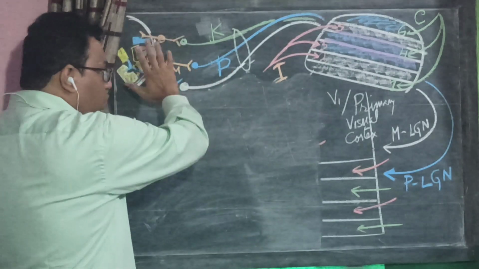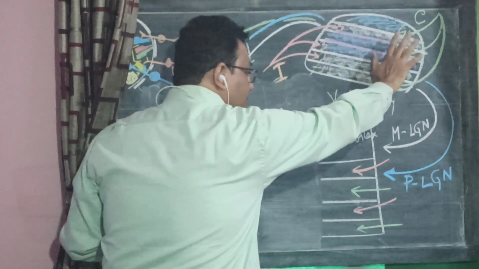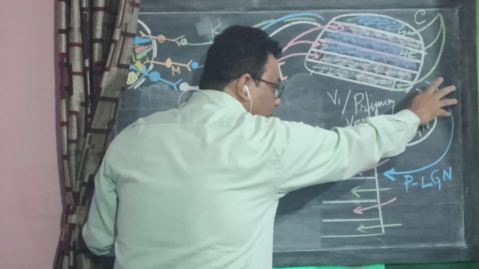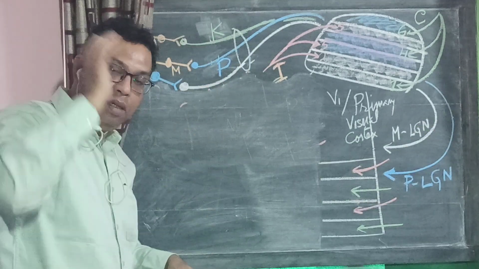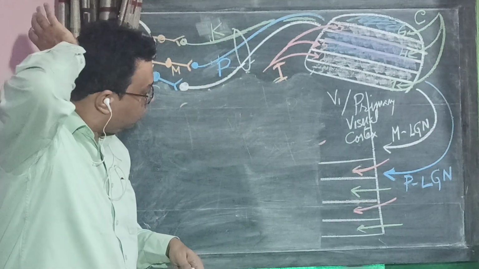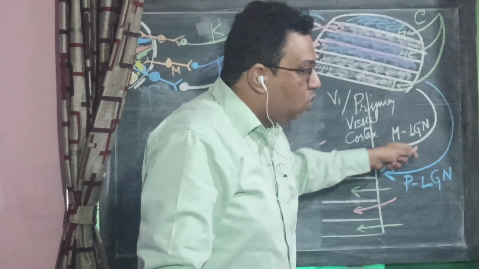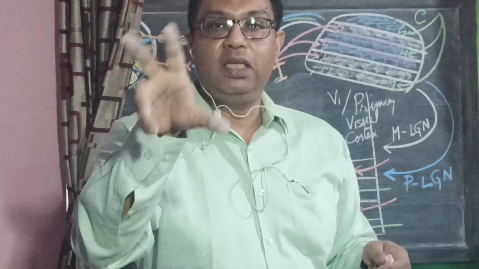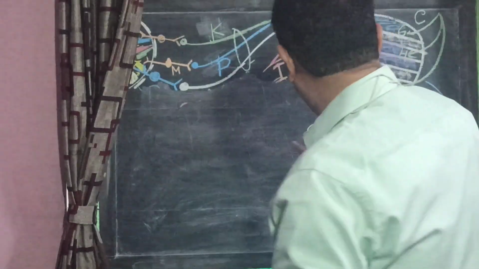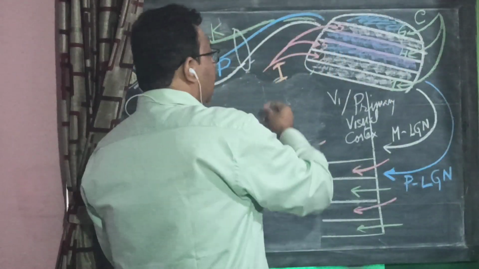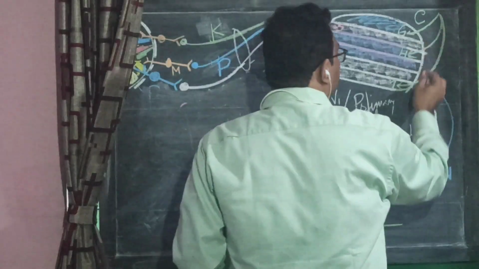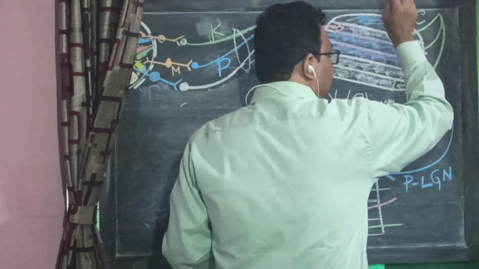So throughout this pathway, up to the lateral geniculate body, and even in the fiber leading from the lateral geniculate body to the primary visual cortex at the occipital lobe, there is constant conservation of the retinotopic distribution of vision. Fine. So, ipsilateral comes to second, third and fifth layer, contralateral goes to first, fourth and sixth layer.